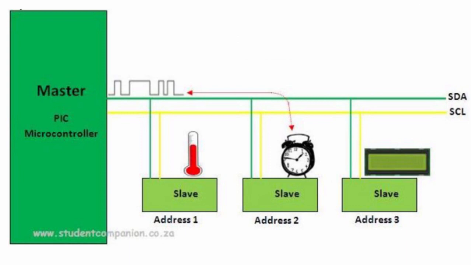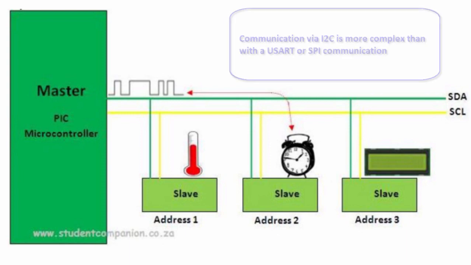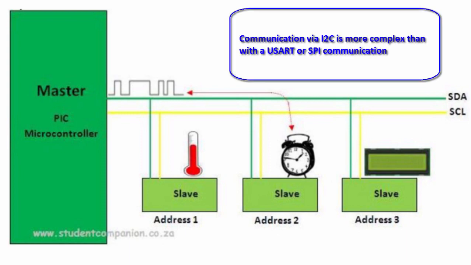As with other communications, nothing is perfect. Each communication has its own advantages and disadvantages. So here are a few disadvantages of using I2C. The first one is that communication via I2C is more complex than with USART or SPI.